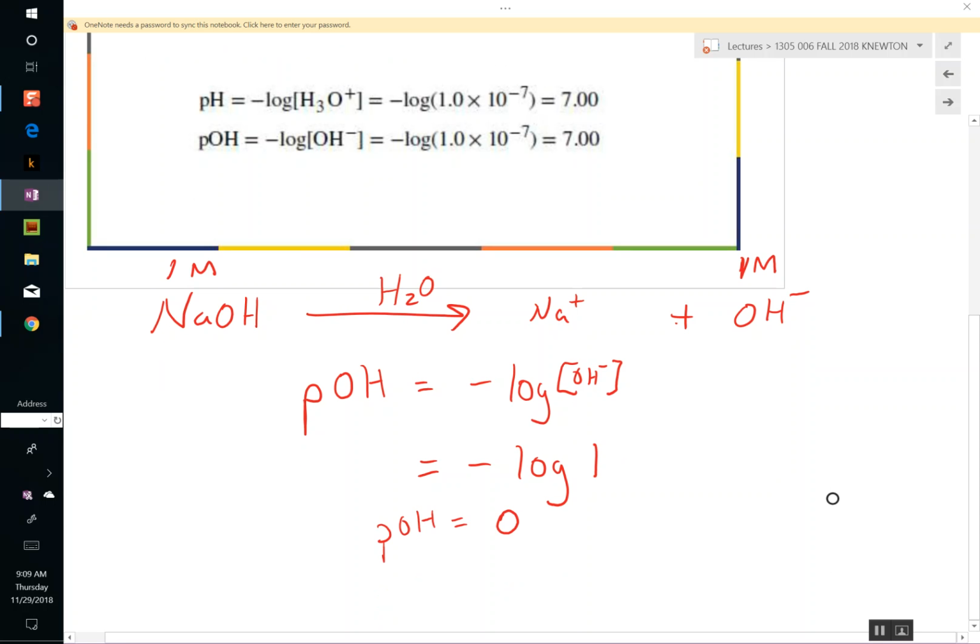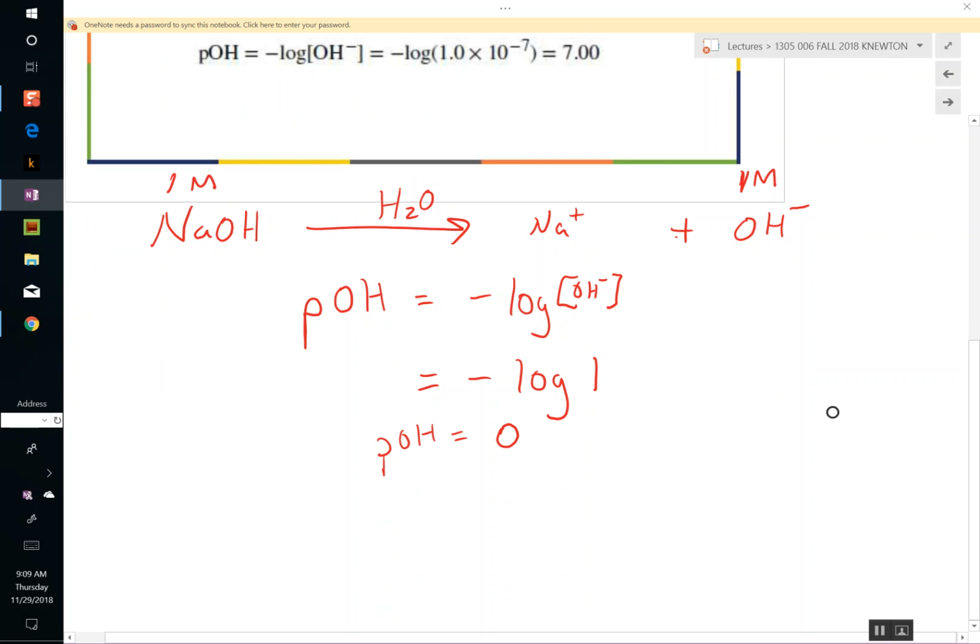So how helpful is that number? Well, this could be helpful, because what you will find is that the pH plus the pOH equals 14. And so if I know the pOH, I can calculate the pH. So the pH is going to equal 14 minus the pOH.